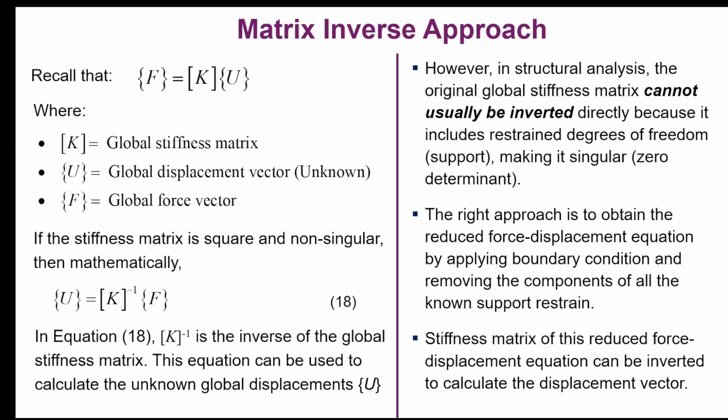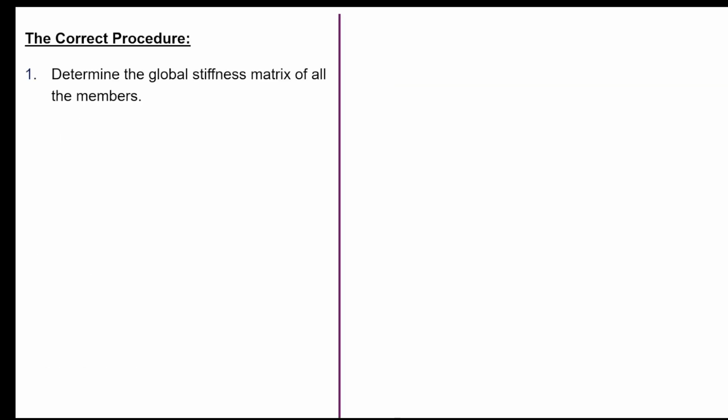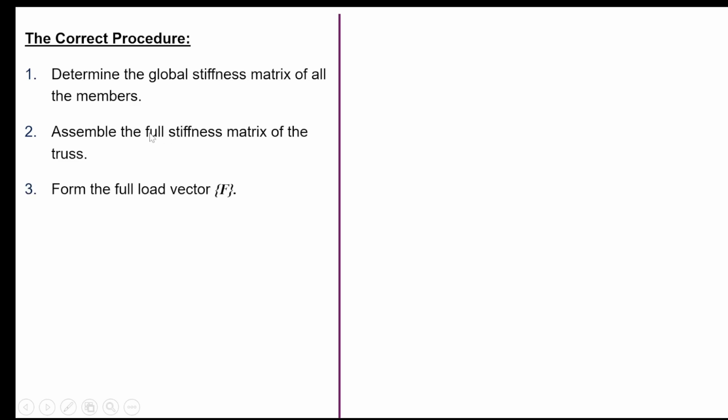Once we do that, for the remaining part of the equation, we find the stiffness matrix, find the inverse, and multiply to find our joint displacements. So this is the correct procedure. Determine the global stiffness matrix of all the members, then assemble the full stiffness matrix of the truss. After that, form the full load vector.